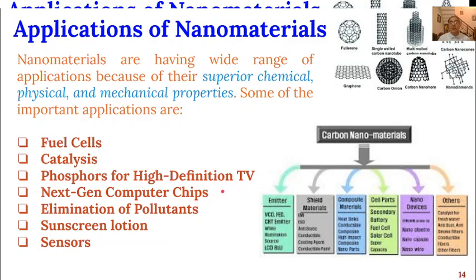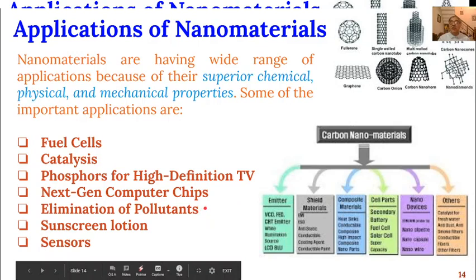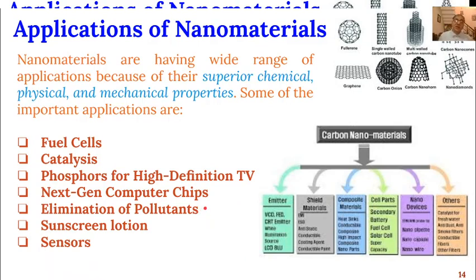Then they have been used in next generation computer chips. Then in environmental industry also, they have been used for elimination of pollutants. They have been used in manufacture of sunscreen lotion. They have been used as sensors in some cases. So depending upon the structure of that material, we can find almost any application of these nanomaterials.